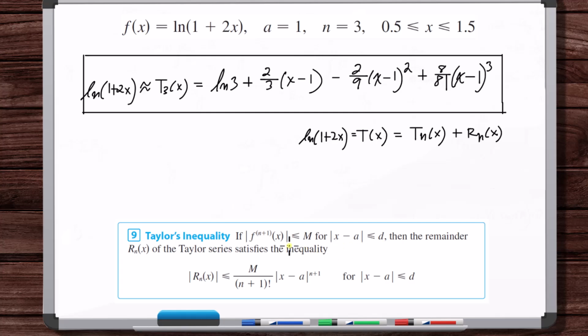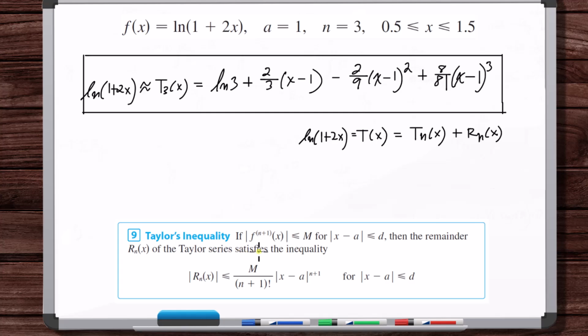We look for a value that's greater than or equal to all other potential values of x that you can input. If you think back to chapter 4, we're finding the global max of the absolute value of the n plus 1th derivative over this interval. That's what capital M is.